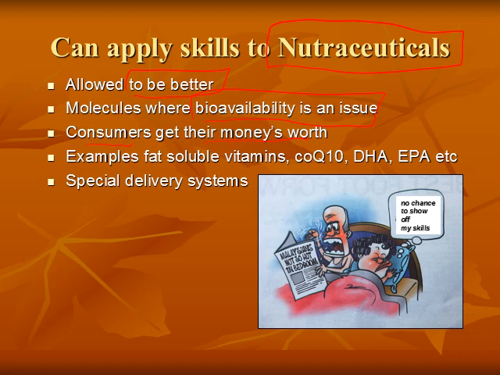Examples of nutraceuticals that you can use for a bioequivalence study are vitamins, coenzyme Q10, DHA, and EPA. With that, a company can design a special delivery system to increase the bioavailability of these nutraceuticals and compare with the innovator.